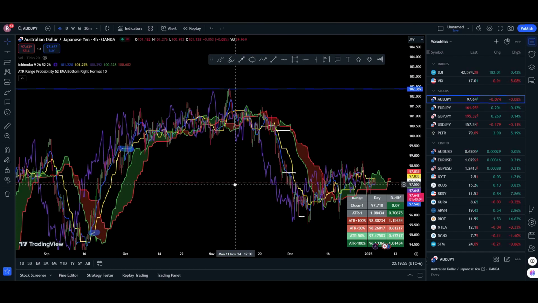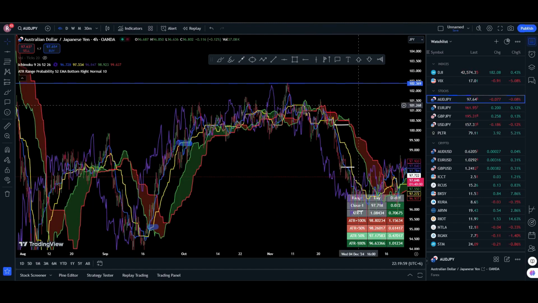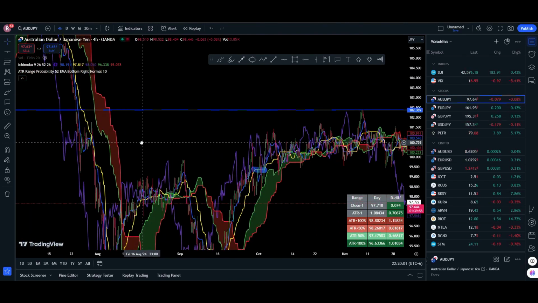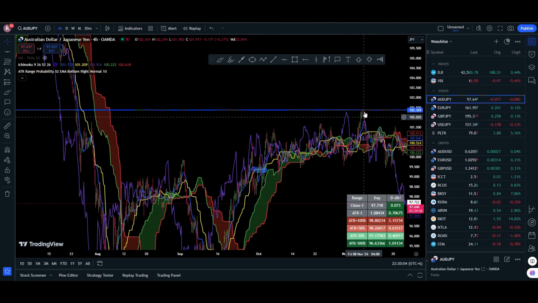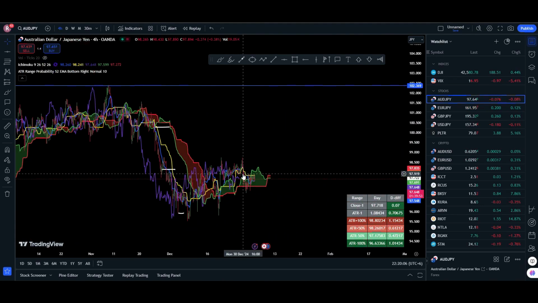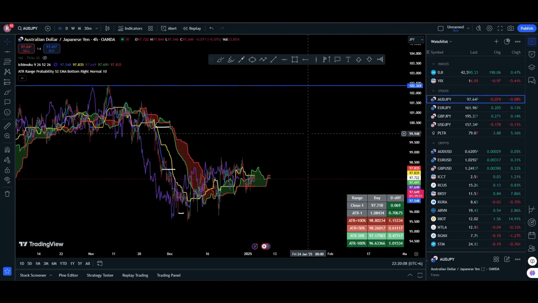But you can see that if the price, for any reason, comes to this daily resistance we have marked, we must be cautious. We must be alerted. We should not take any trade here until certain other conditions clear out.